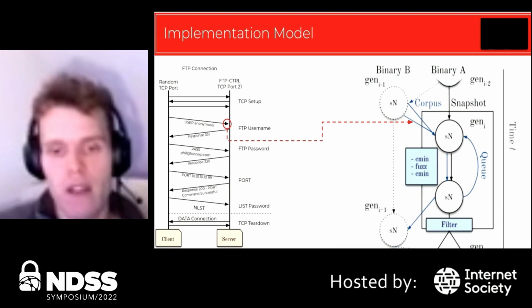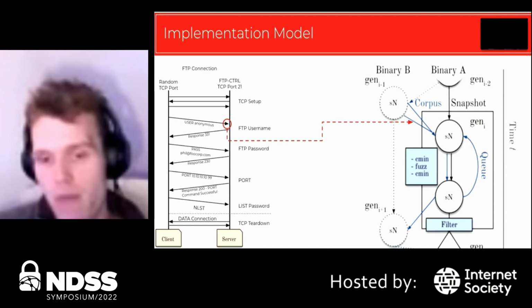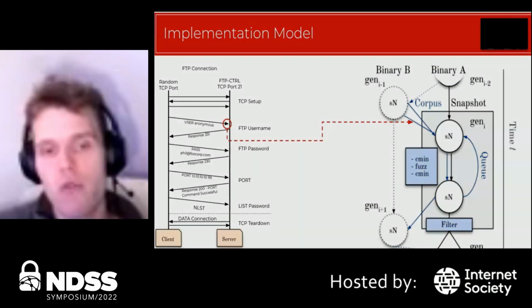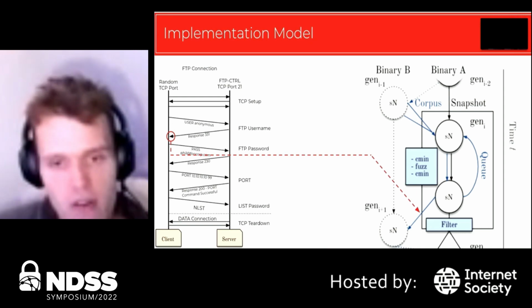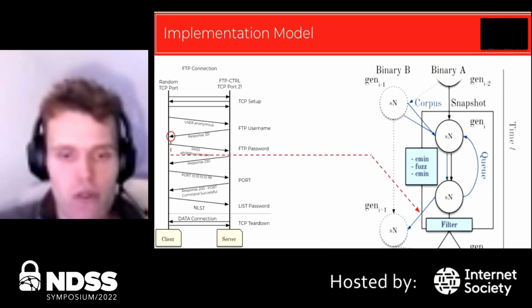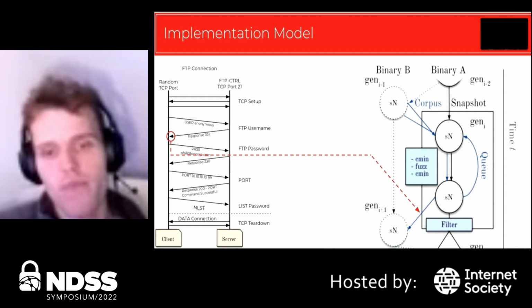And the reason for doing that is that we want to remove outputs that only differ in the timestamp or in some random number, like a sequence number or something, because those don't usually produce new states. And then on this slide, you can see the output moving to the upcoming generation, and that's essentially the response.